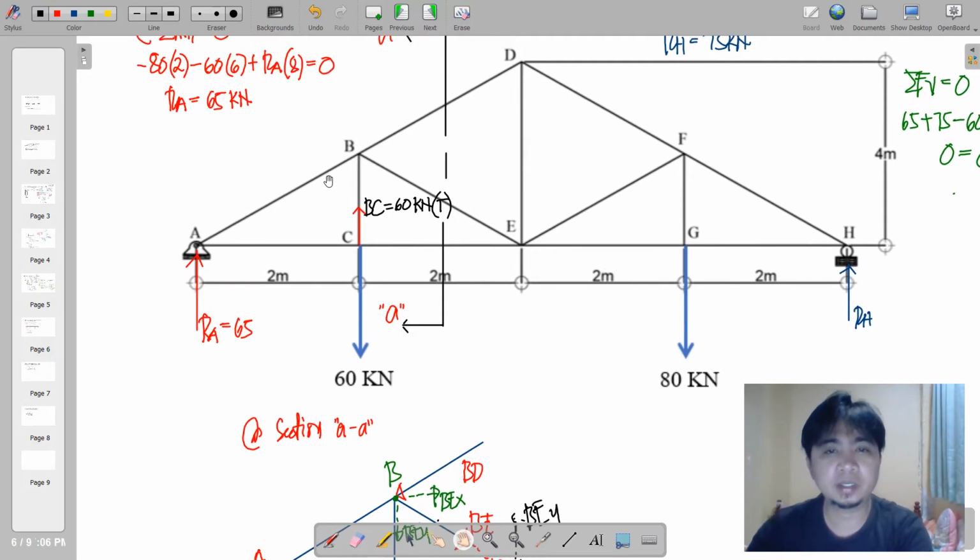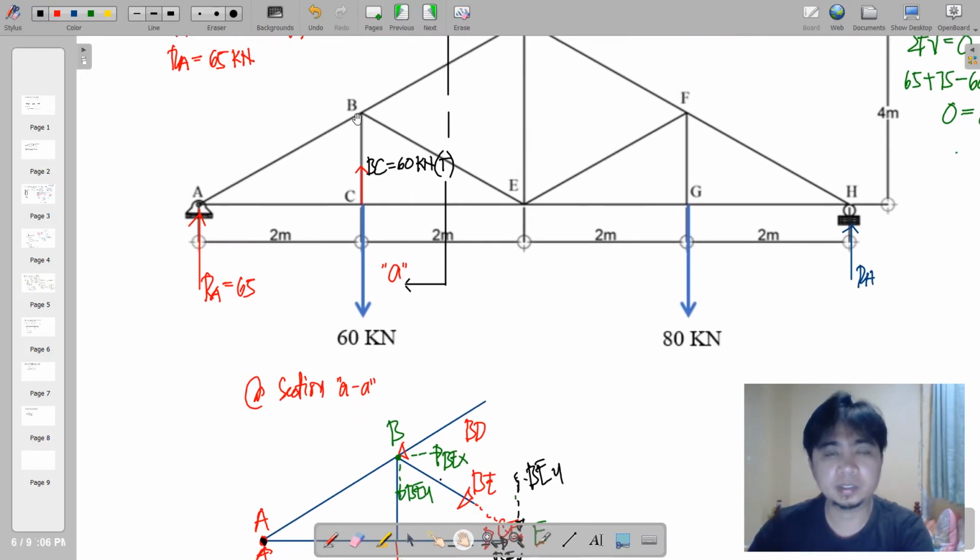As we can see here, this is our BE, and by symmetry, the slope of AB is the same as the slope of BE. So all we need is to determine the involved vertical and horizontal slopes.